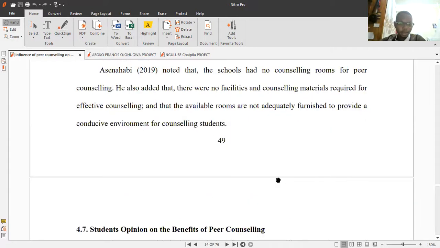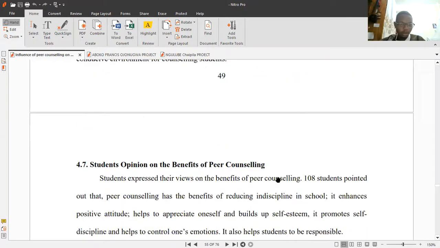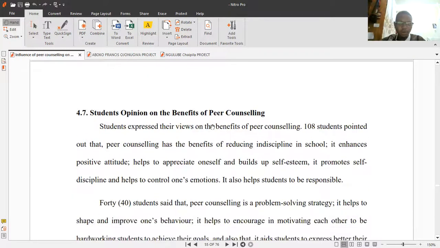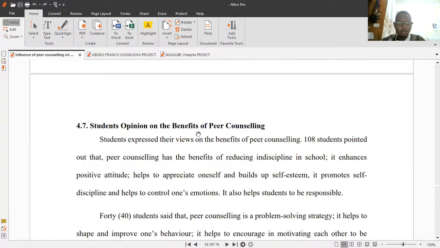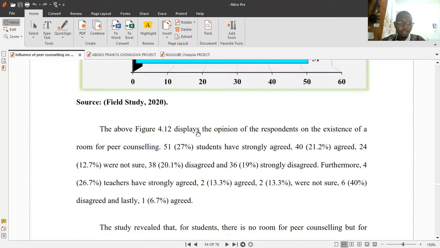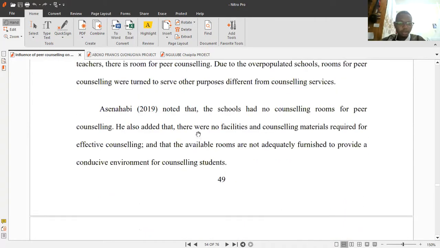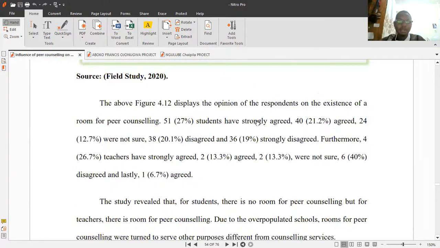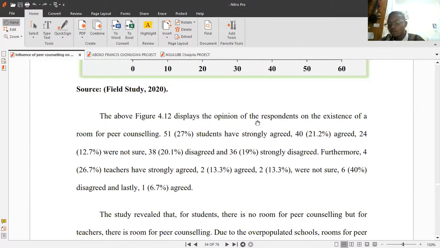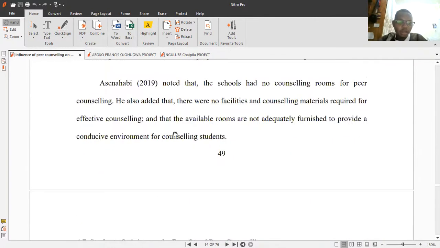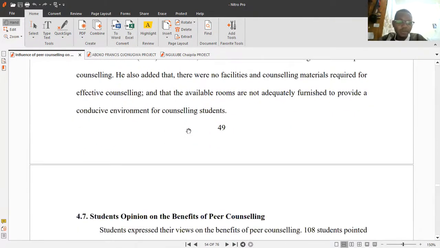Then down here there are also open-ended questions that were not possible to be presented in the form of tables or figures. So those open-ended questions have different treatment.